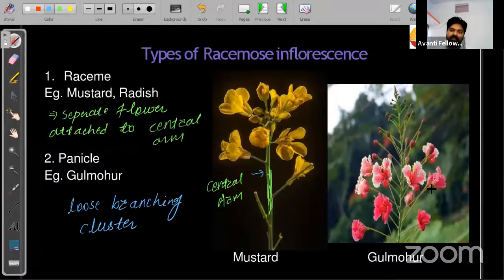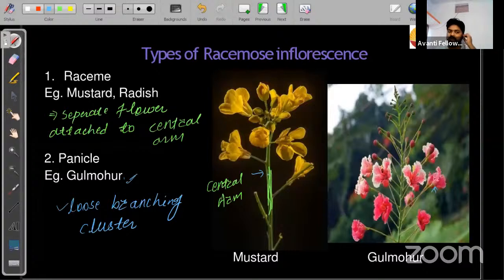You can see this is a different type of flower and there are a lot of branches, but the branches are at a specific distance. That's why it is known as loose branching. These are short branches, and they are again attached to the main arm, the central arm. An example is the gulmohar.